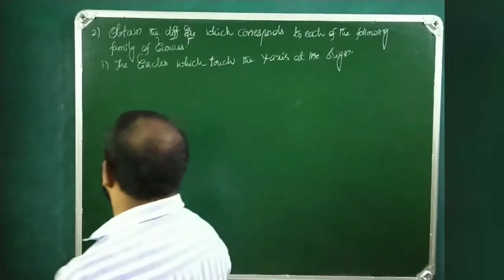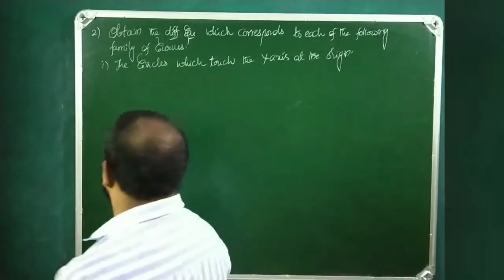If I take the general equation of the circle, x square plus y square plus 2gx plus 2fy plus c equals 0, since this circle is passing through the origin, that means c is equal to 0.